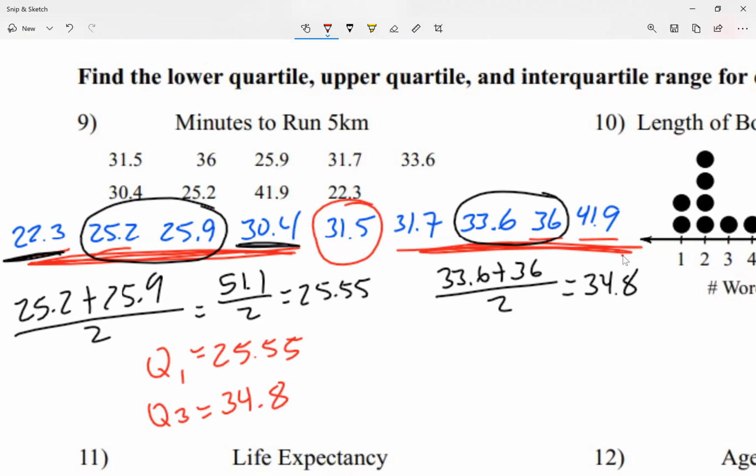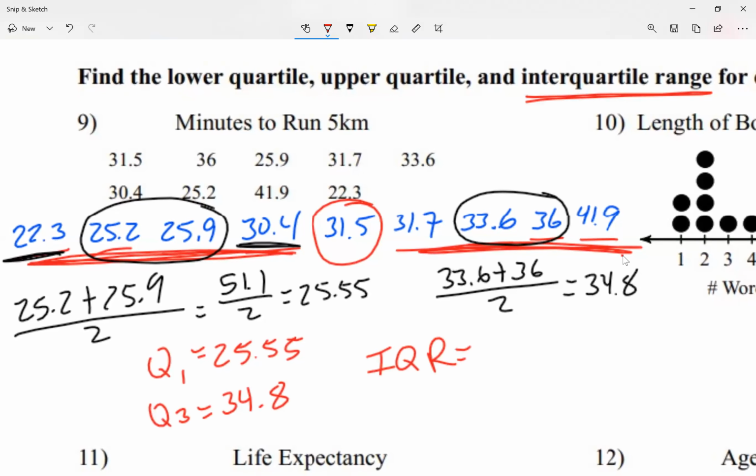Now there's one more that I'm going to ask you. Interquartile range. Let me underline the word here. Interquartile range. Sometimes we're going to abbreviate that as IQR. But that means interquartile range. Okay, what is that? For the interquartile range, I'm going to go upper quartile minus the lower quartile.